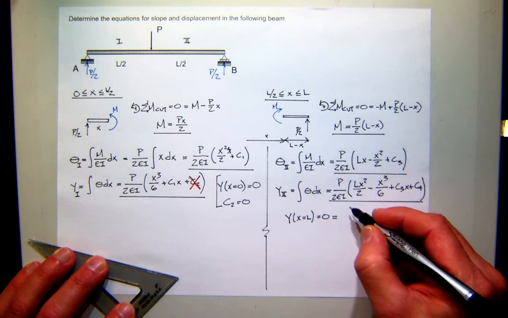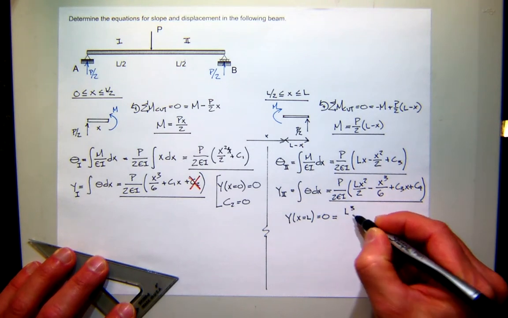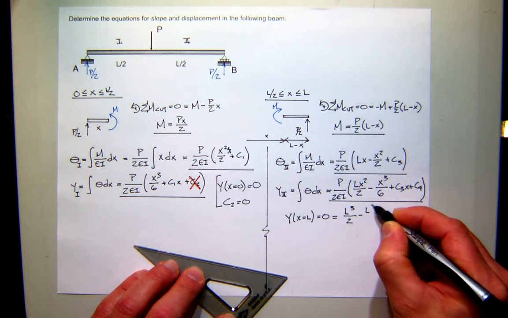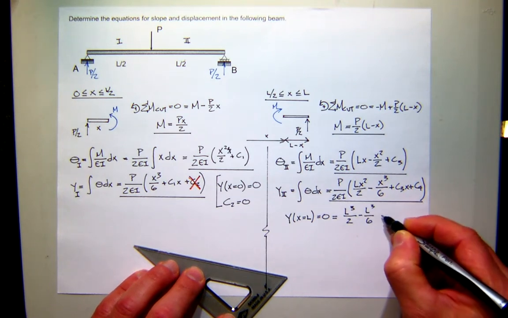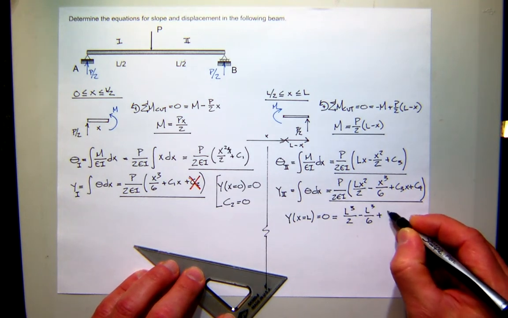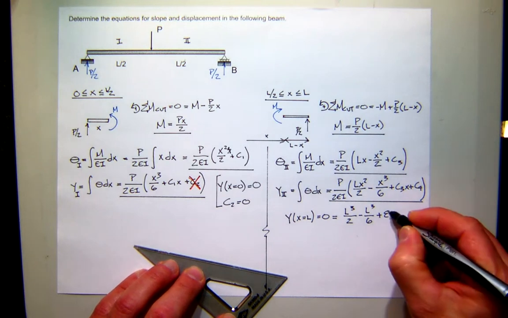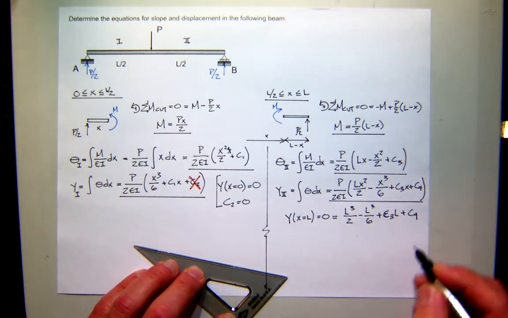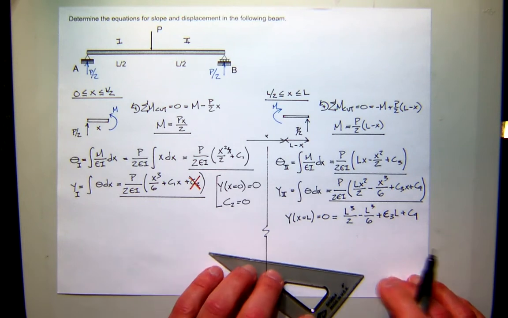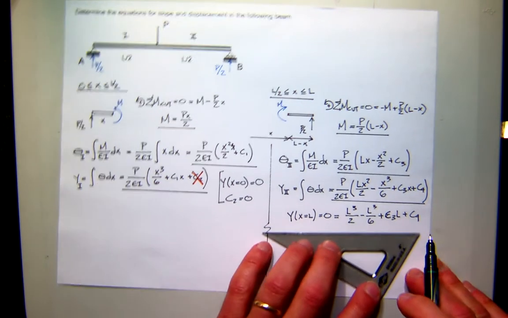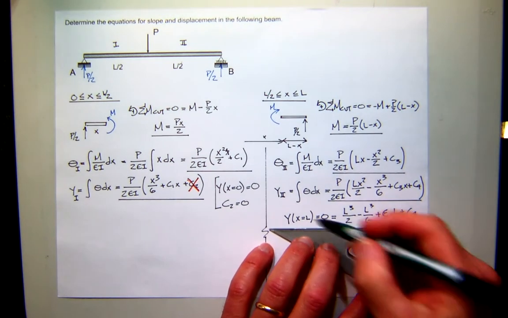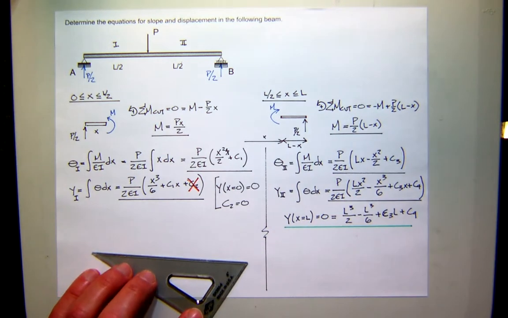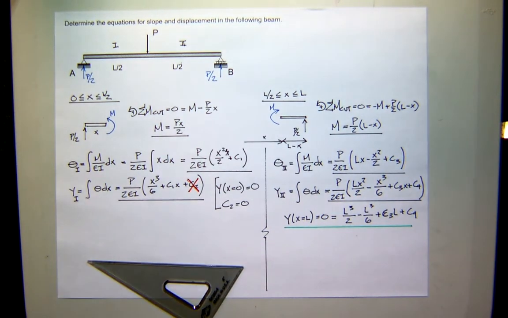Looking at the first term, I have L cubed over 2 minus L cubed over 6 plus C3L. Oh no, plus C4. That's a bummer. One equation, 2 unknowns. Not good. So already we seem to be stymied.